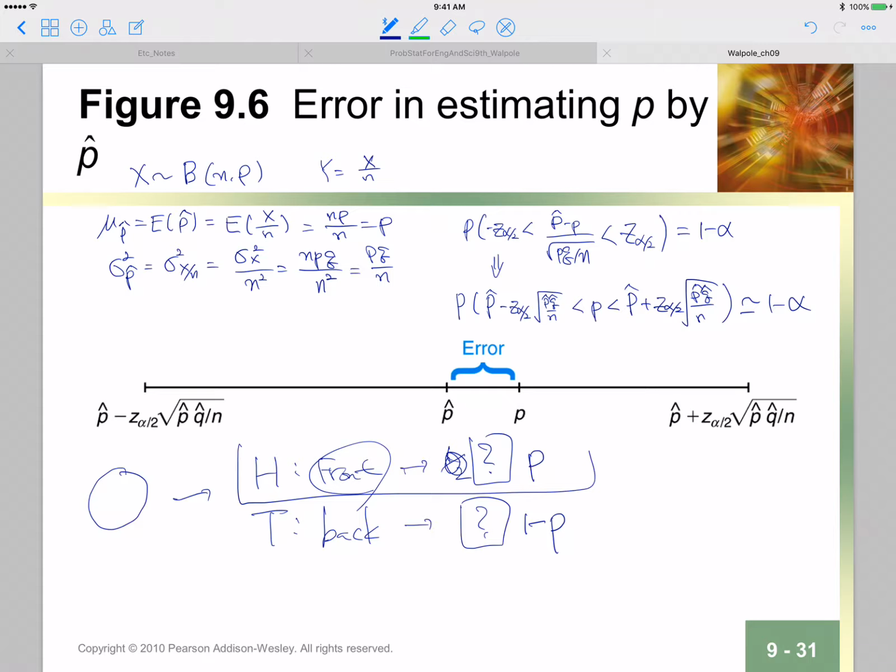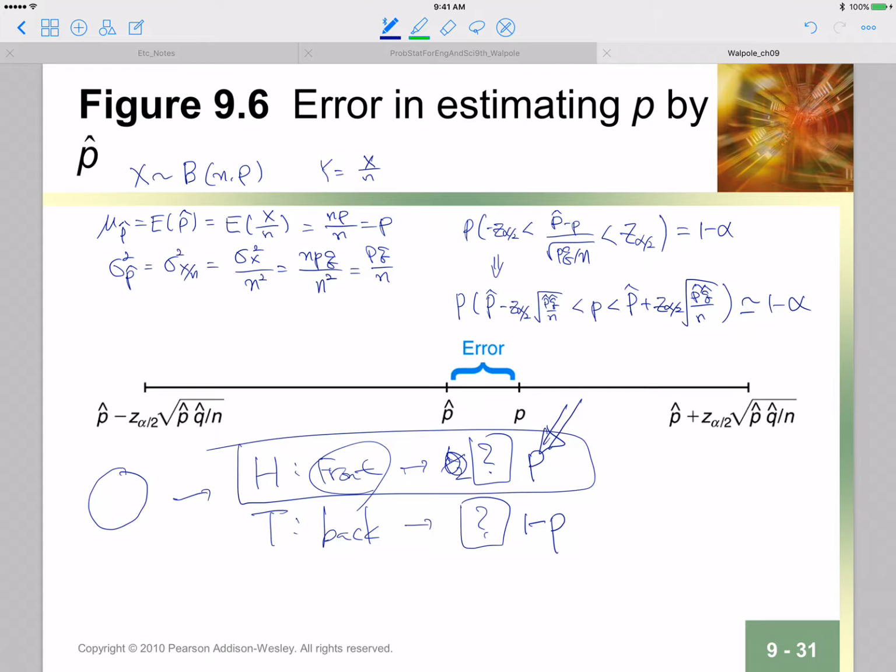Suppose we are interested in the event of seeing the head or front side, and we want to estimate this probability p. In order to estimate it, what we would do is just repeat the experiment of flipping a coin.